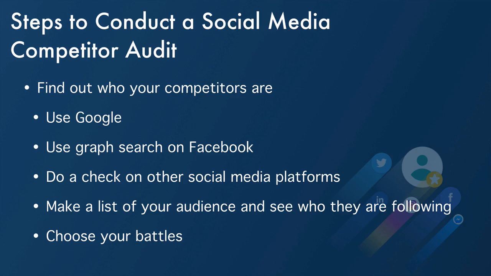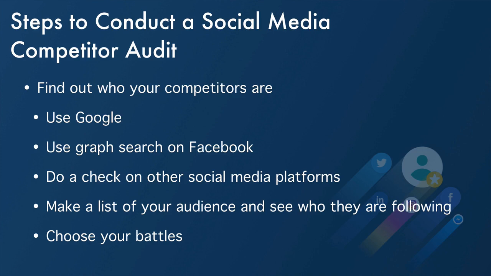And once you do that, pick out probably about 5 competitors, and that is more than enough. If you pick the top 5 competitors in terms of their social media presence, that is more than enough for you to start off with. And why 5? It is so that the further we go in terms of the competitor audit, you'll realize that there's a lot of work that needs to be done.